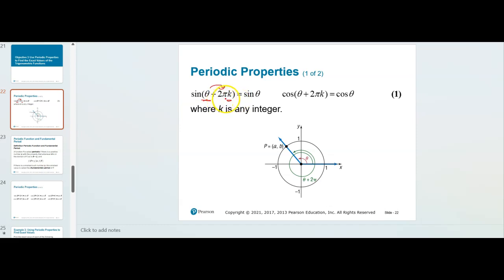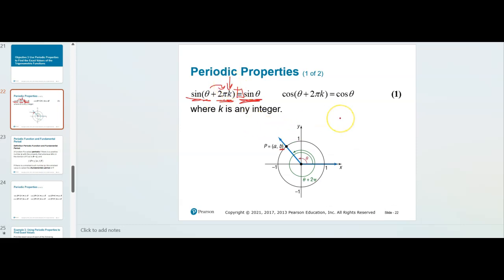If we add or subtract 2 pi, a full rotation, then we're right back to where we started. So this is saying the y-coordinate at some angle would be the same as the y-coordinate if we rotated all the way around multiple times.